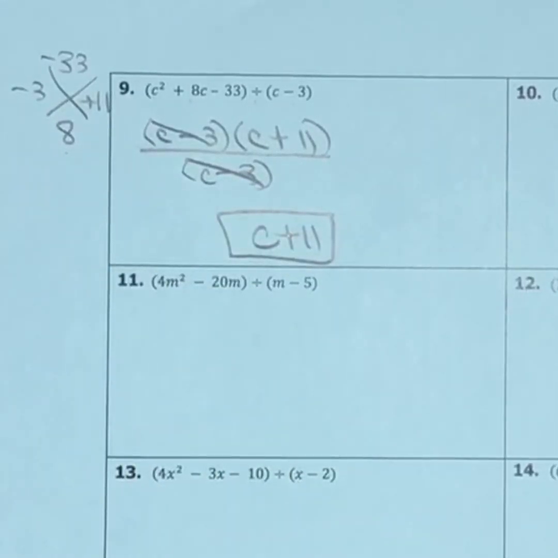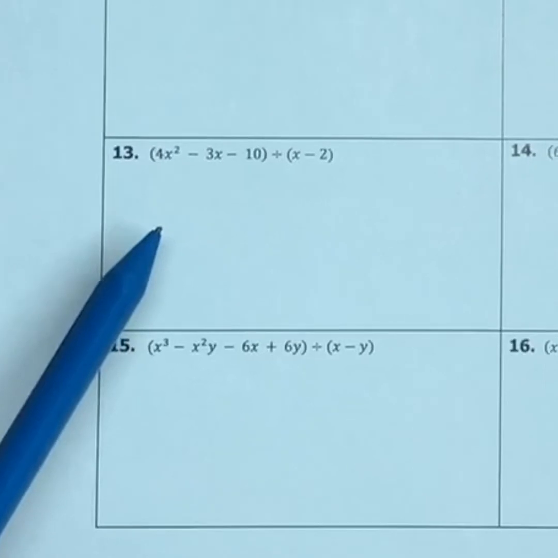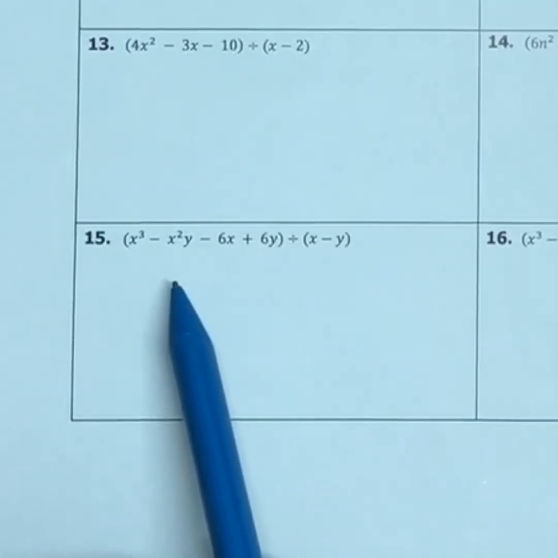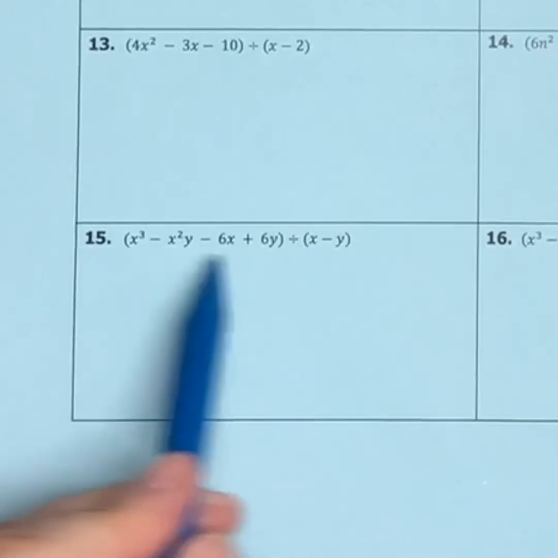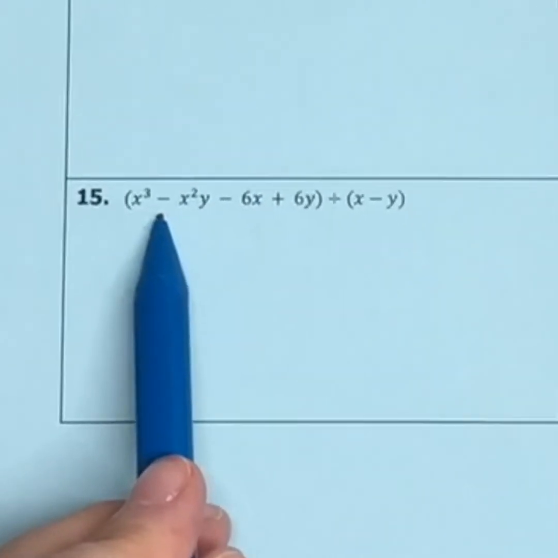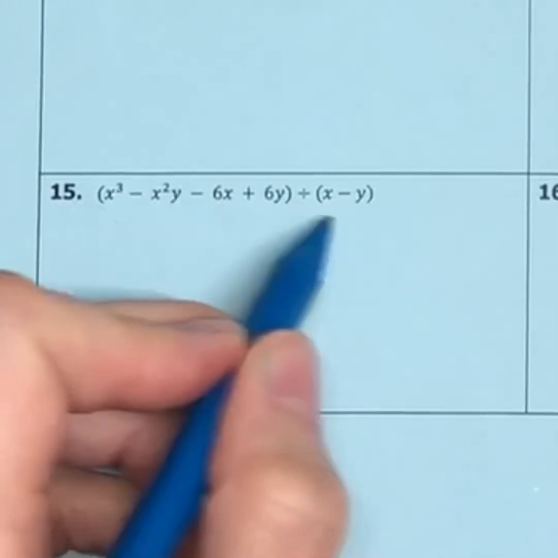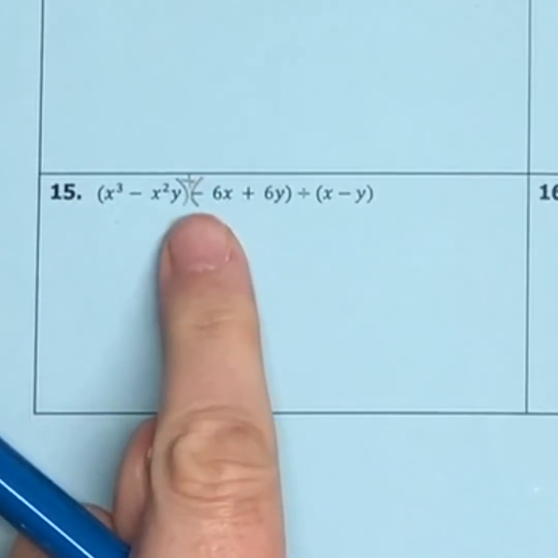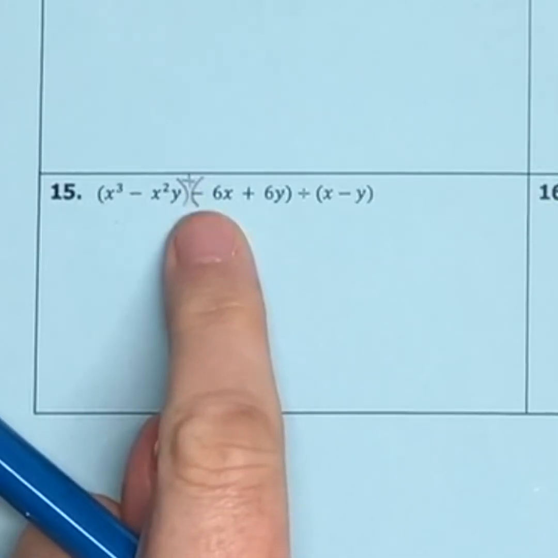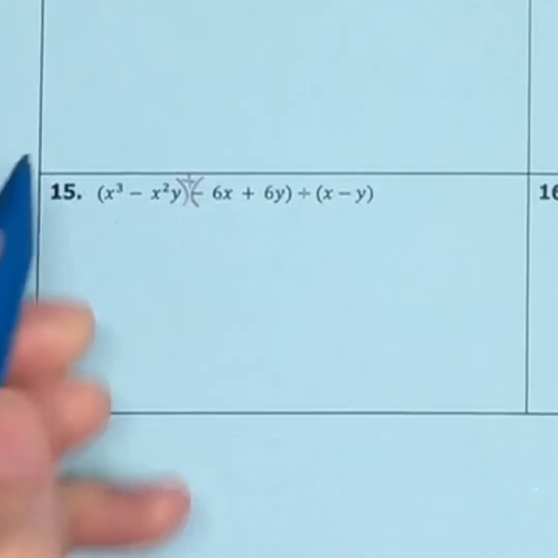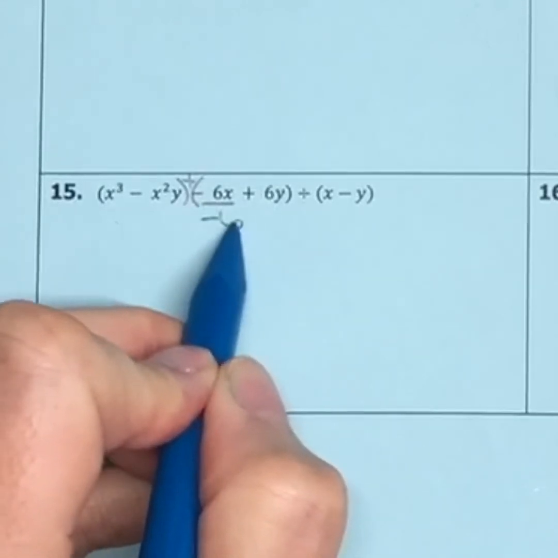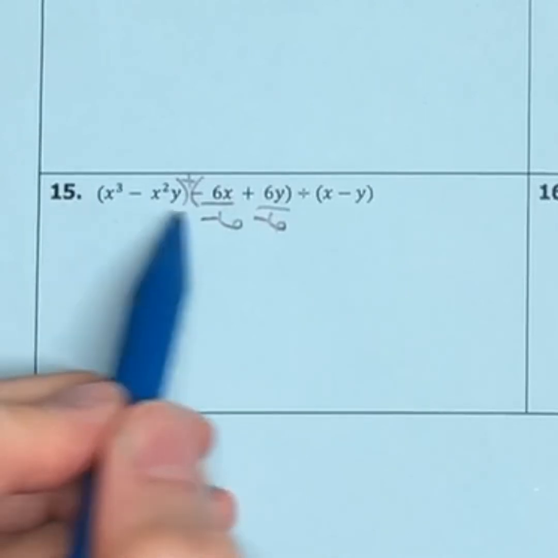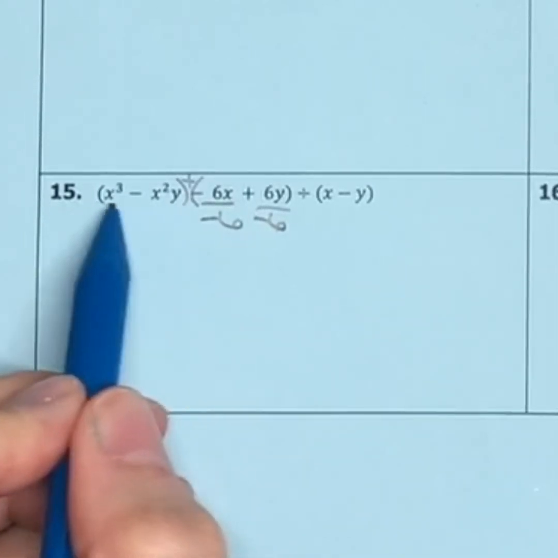I'm just looking to see if there are any others. There will be some with factor by grouping, so let's look at number 15. I'm going to do the scratch work for this polynomial, 4 terms. I'm going to factor by grouping, and remember, you have to pull in that negative if there's a negative in the second pair, which means you have a negative 6 GCF in the second pair, because we want the signs to match the first pair.